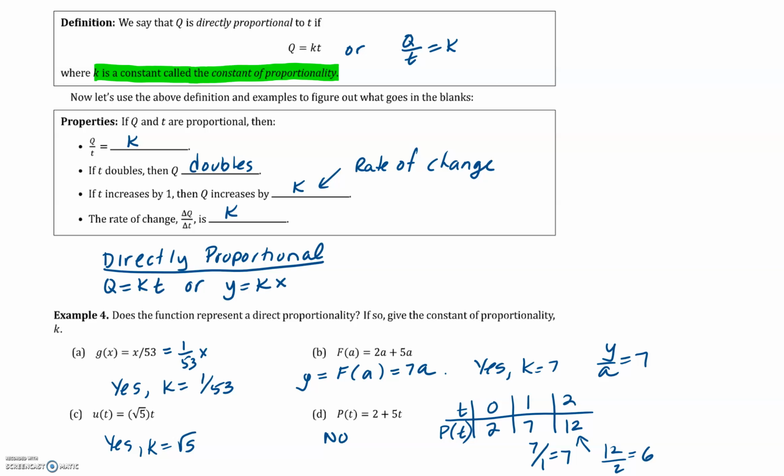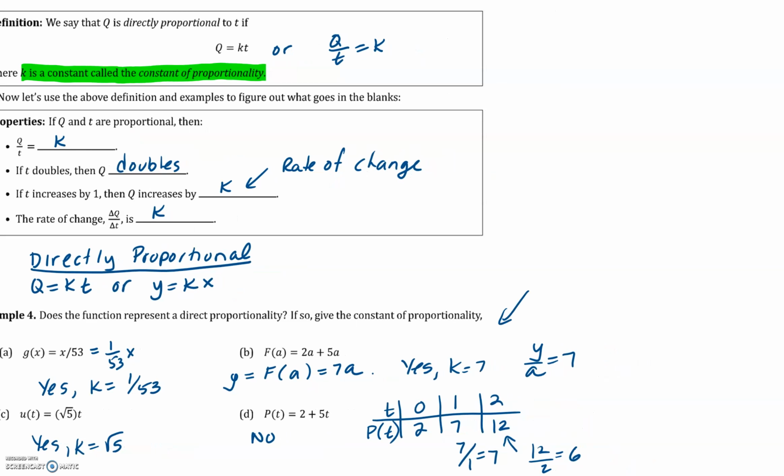The answer is no. Versus if you look at part B, you would have a versus the y, which is f of a. You would have 1 would be 7, 2 would be 14. They would divide, 3 would be 21.